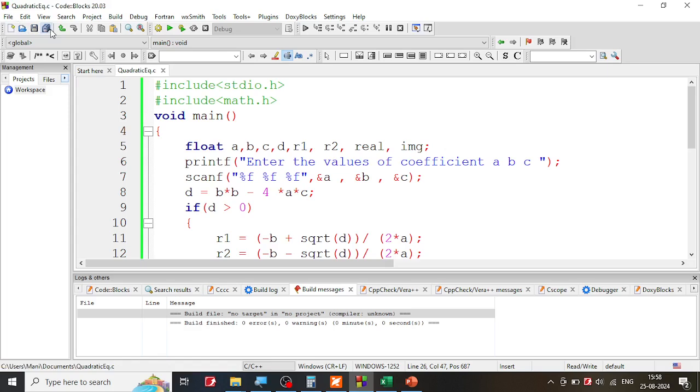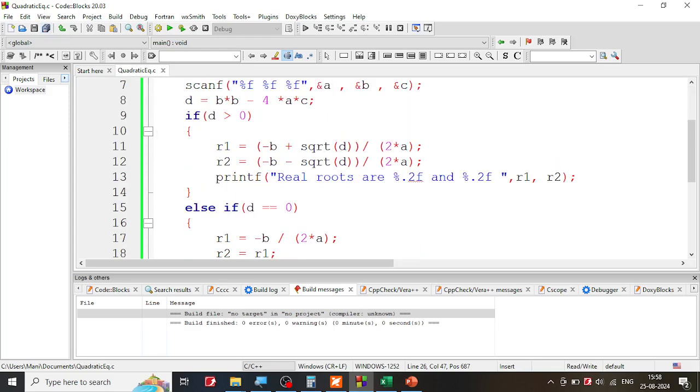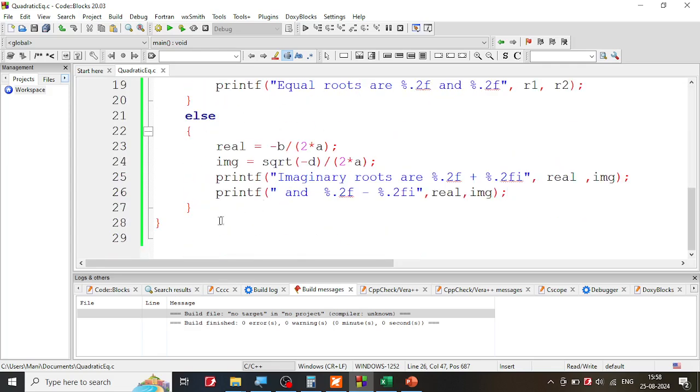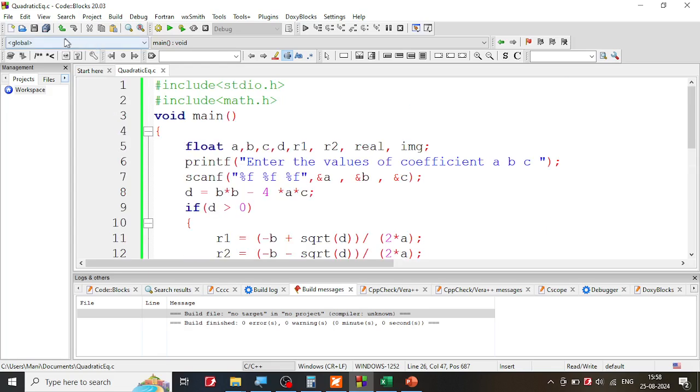C has improved, different versions of C have come. The latest version of C does not support the clear screen that you are familiar with. The clrscr function is not defined in the latest version. So if you are using Code::Blocks, this will work. If you are using Turbo C, then you may have to put getch or something of that type. I'm not going to do that.